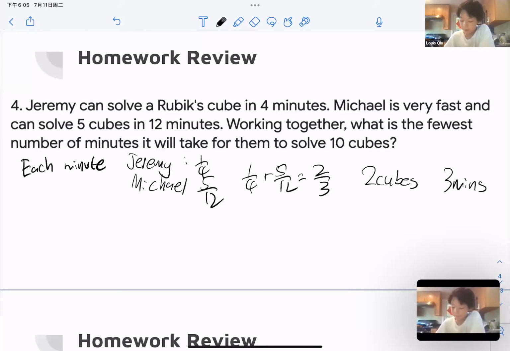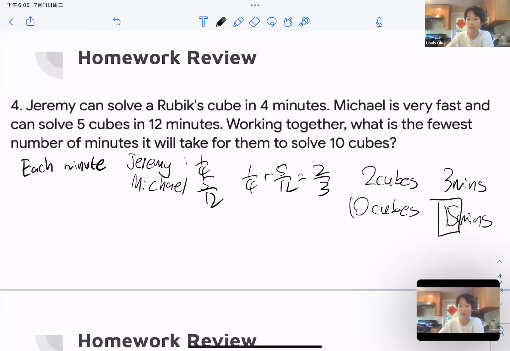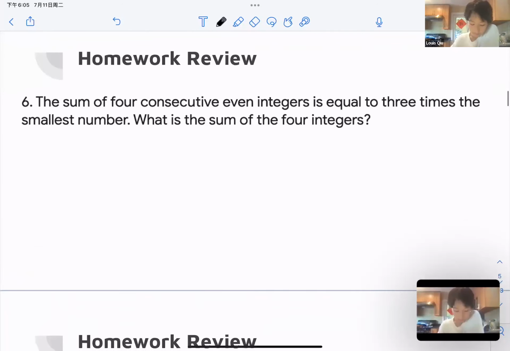So for them to solve 10 cubes, they need 15 minutes. Any questions? If no questions, then I will move on to the next problem.